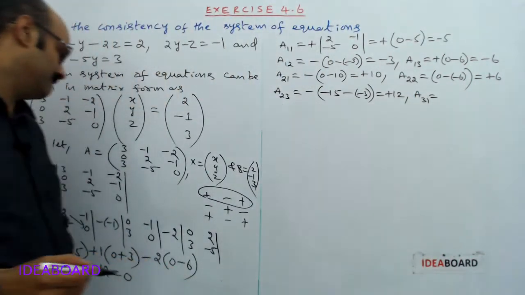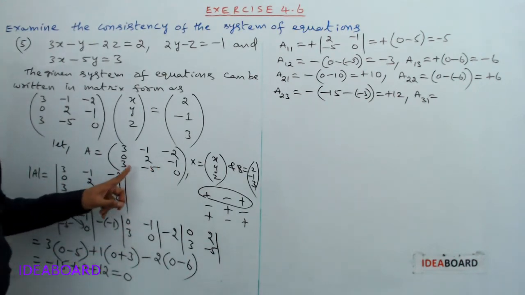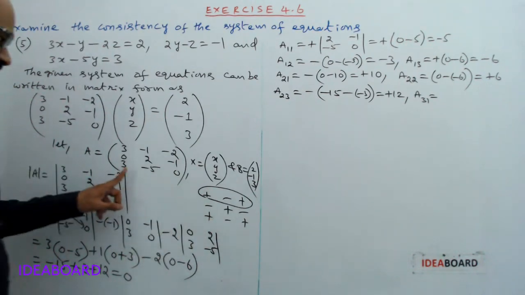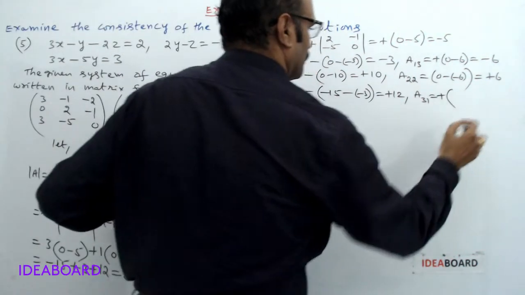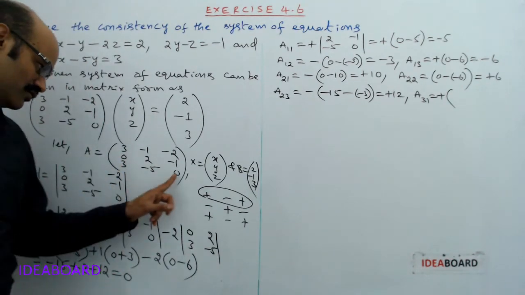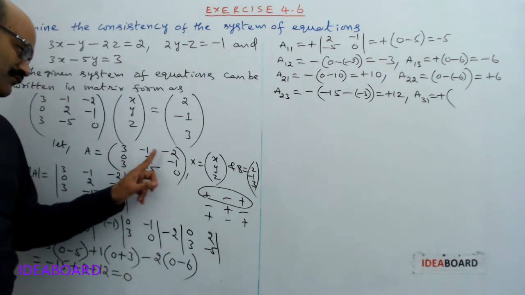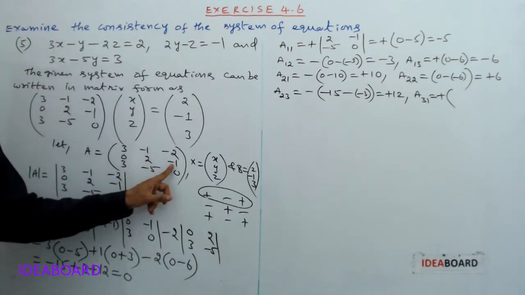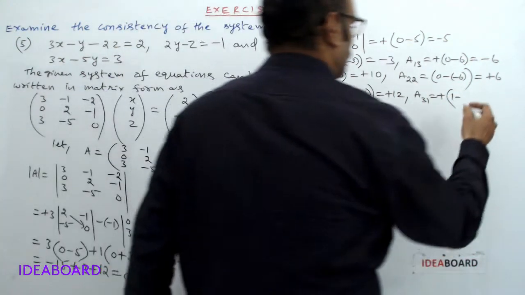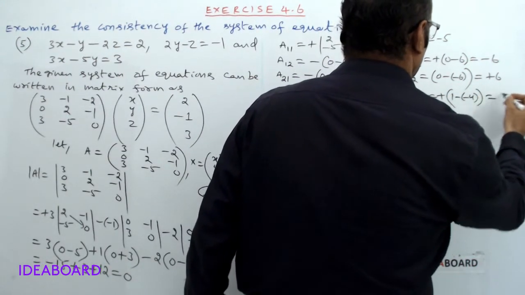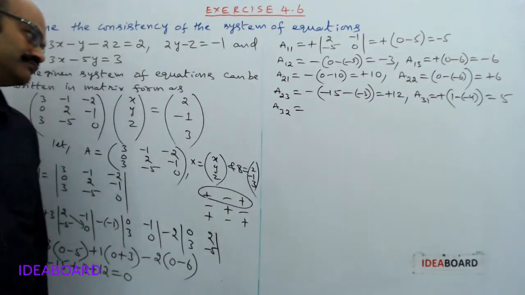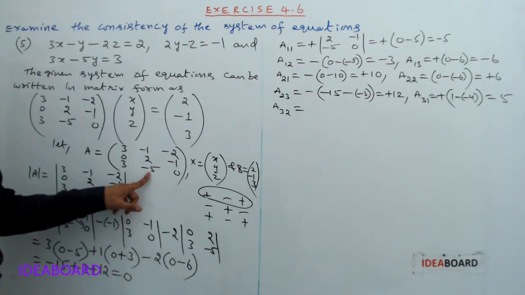A31, cofactor of 3. So we have to take the sign plus. The element 3 lies in first column and third row. So now you have to take these 4 elements. Minus 1 into minus 1, 1, minus of minus 4 equal to 5. Next, A32, cofactor of minus 5.